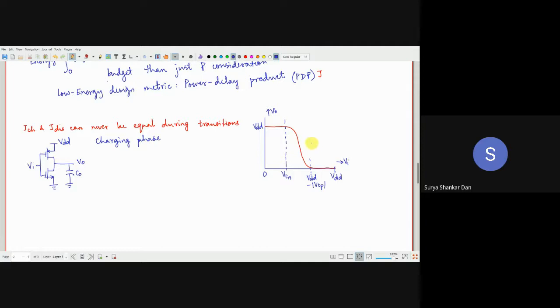Now, there is a line that goes through the inverter threshold here. That is, of course, the VO equal to VI line. You all know all this. But what I shall do is simply translate this above.